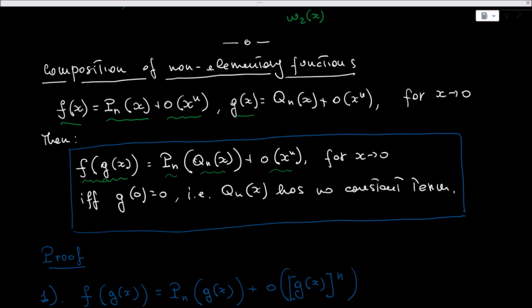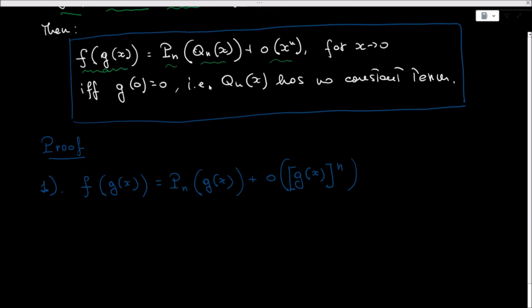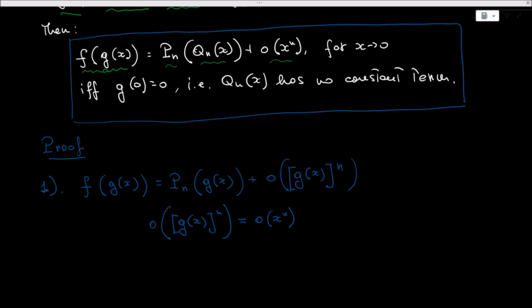This is just obtained by replacing x with g of x. So the first thing that we want to prove is that little o of g of x, all raised to the n, is simply little o of x to the n.